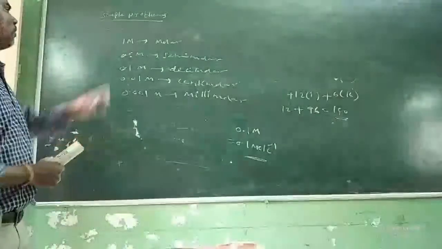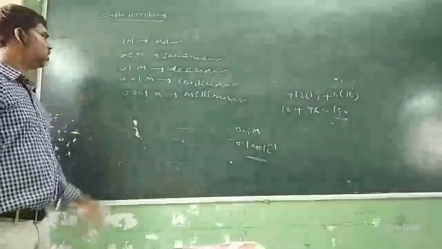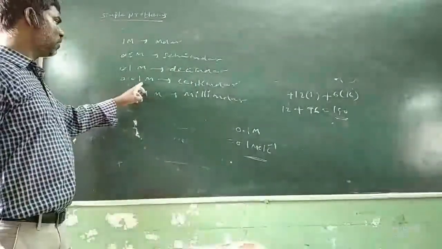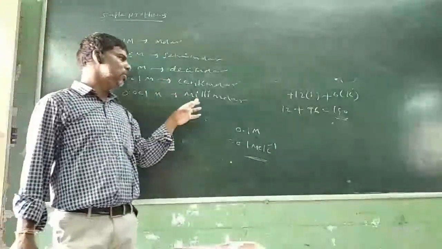So 1 M is a molar solution, 0.5 is a semimolar solution, 0.1 molar is a decimolar solution, 0.01 molar is a centimolar solution, and 0.001 molar is a millimolar solution.